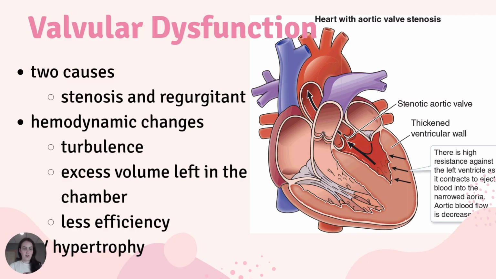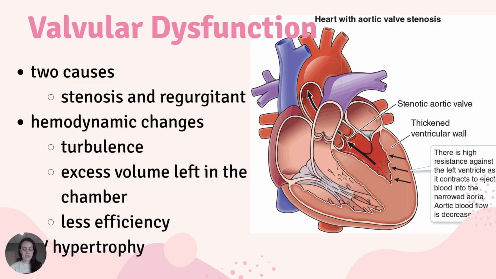So valvular dysfunction. So there's two causes of valvular dysfunction: stenosis and regurgitant. And basically this whole chapter just goes over all four valves, stenosis and regurgitant, and then what they cause.